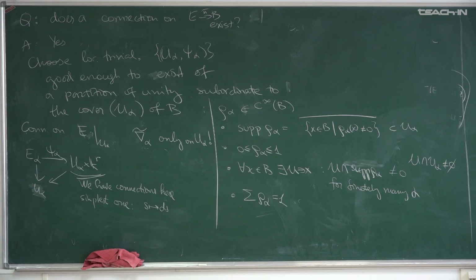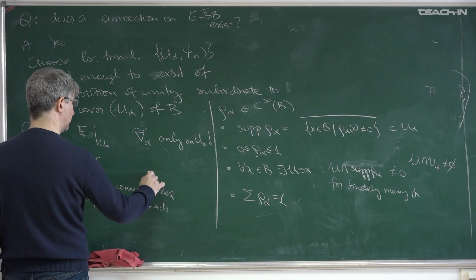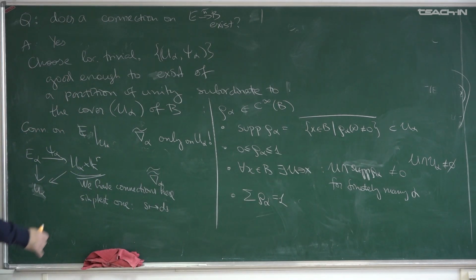Or if you want, you can add something, because you don't need to glue them. It's just defining. So then you define a connection here. We write it with a double tilde. So we have a connection here, and we want to define a connection here.